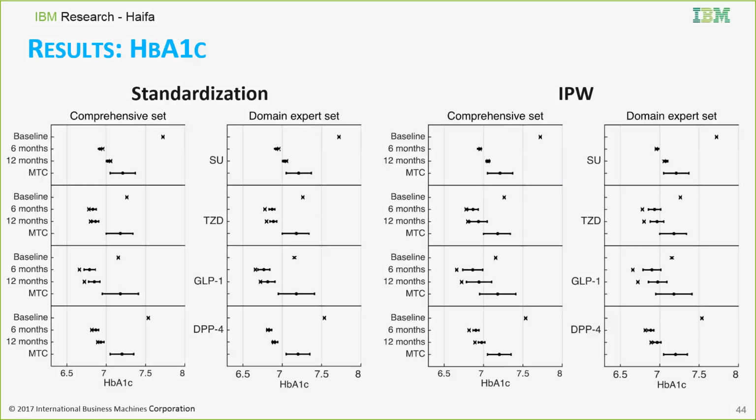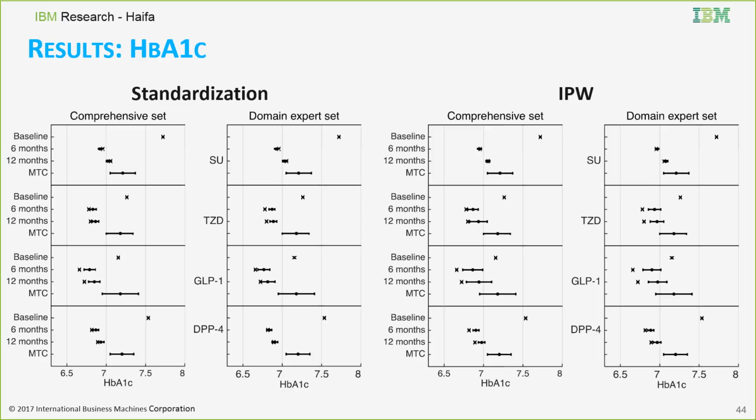I guess one thing you see is that there are some differences in the levels reported by the meta-analysis and the ones that we estimate. And in all cases, the one estimated by the meta-analysis is actually higher than what we estimate.